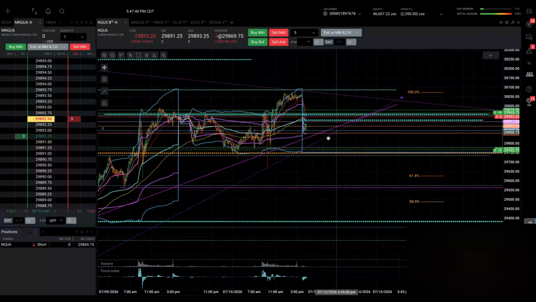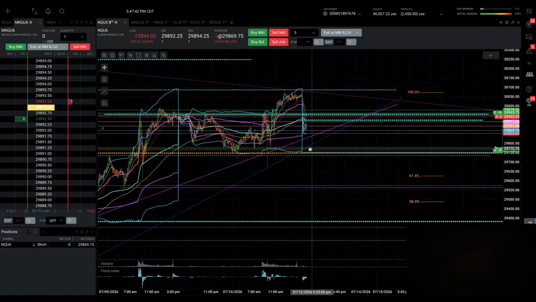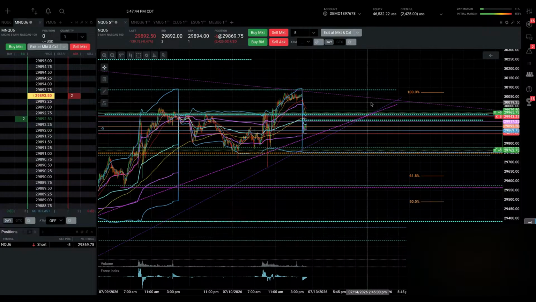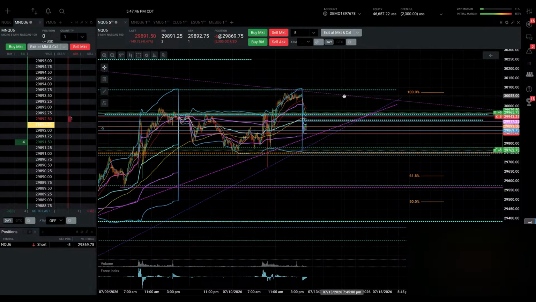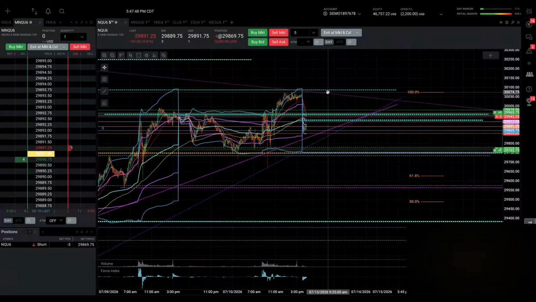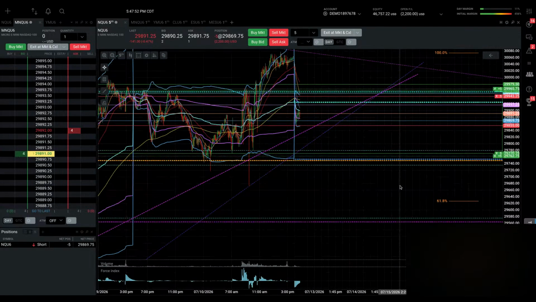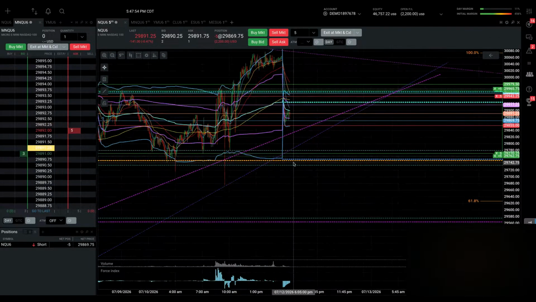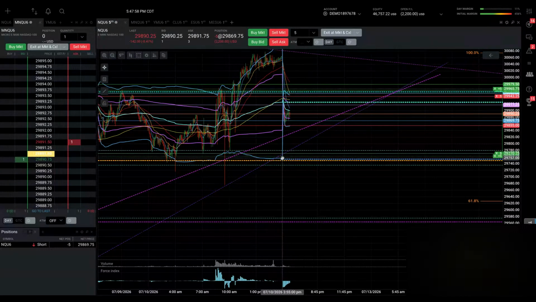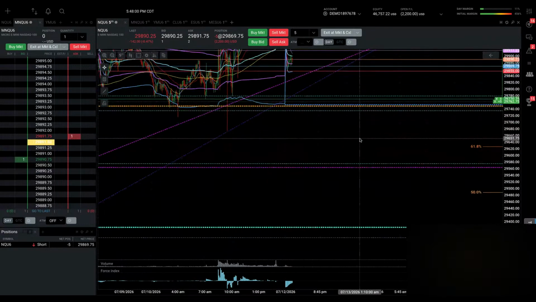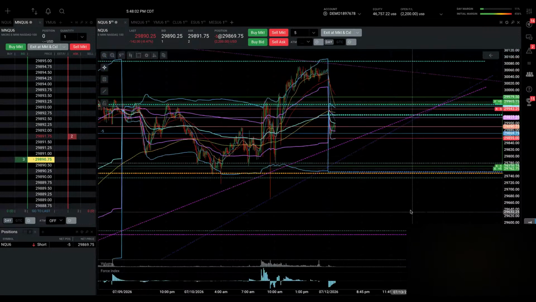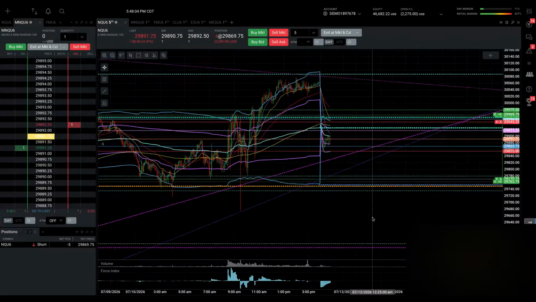So best buys are going to be off this lower trend line. Best sells are going to be up closer to this upper purple trend line. And if we do break underneath here tonight, I'll be watching to see if I can get into a sell to take it lower down into these zones potentially. It does look weak.